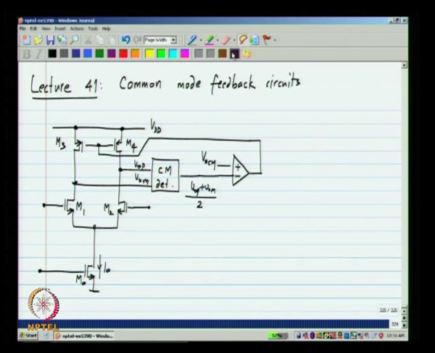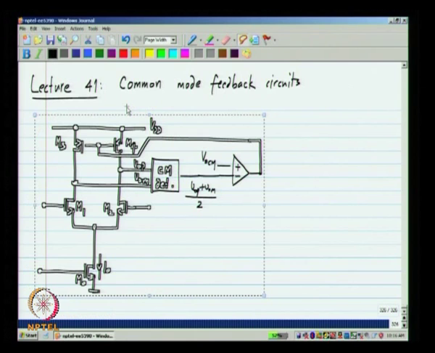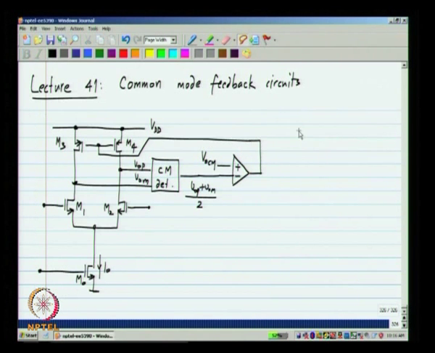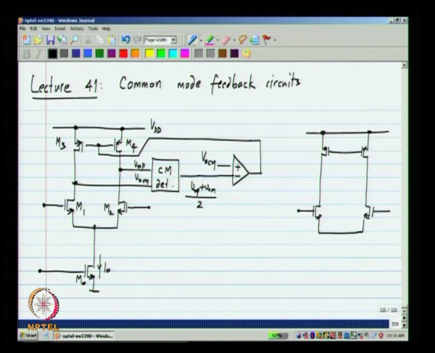We also saw a very simple realization of this circuit, where we did not have an explicit op amp for comparison. All we had was a common mode detector made using a resistive divider of equal resistors.